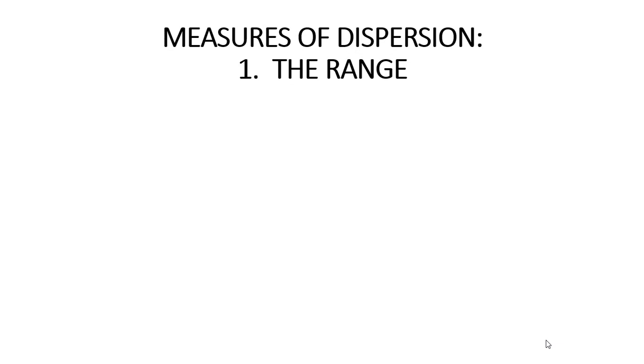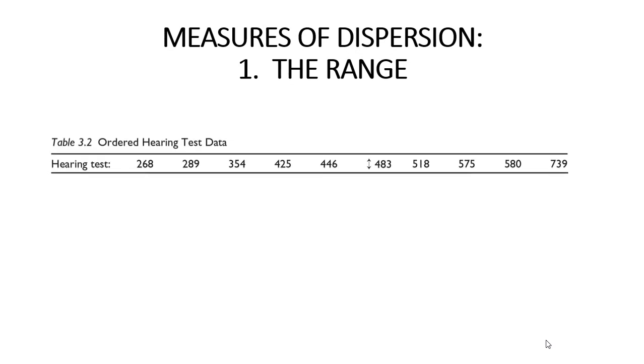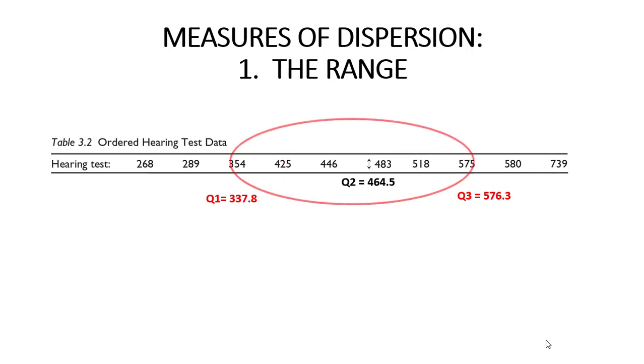Now, we're ready then to talk about the range. So here we have our data for the hearing test again. Notice that we said that Q2 is 464, Q1 is 337.8, Q3 is 576.3, and this area that you have here in red, this then represents what we call the interquartile range.